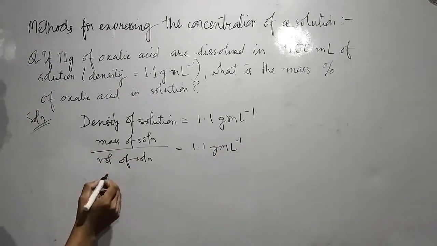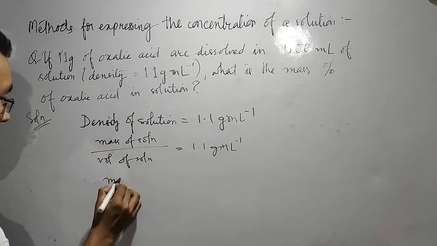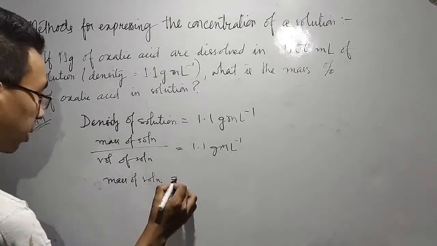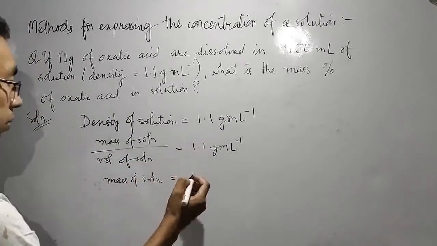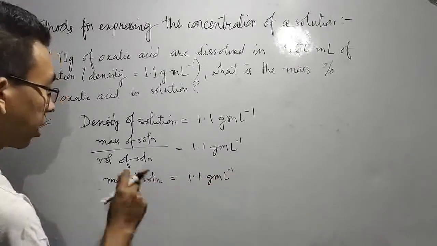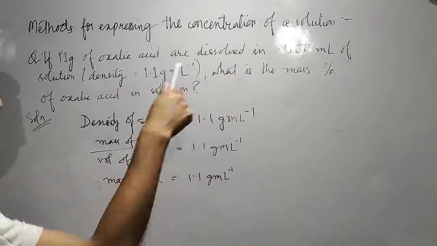Then mass of solution equals 1.1 gram per milliliter multiplied by the volume of the solution, 500 ml.